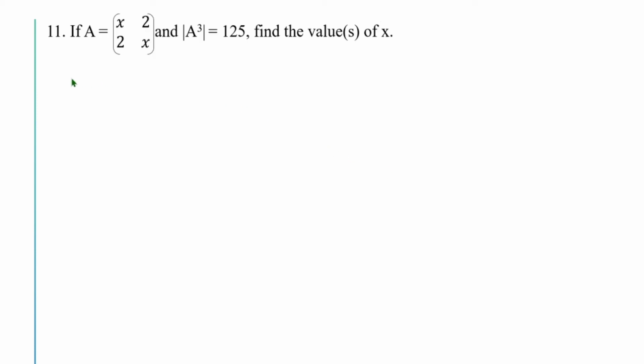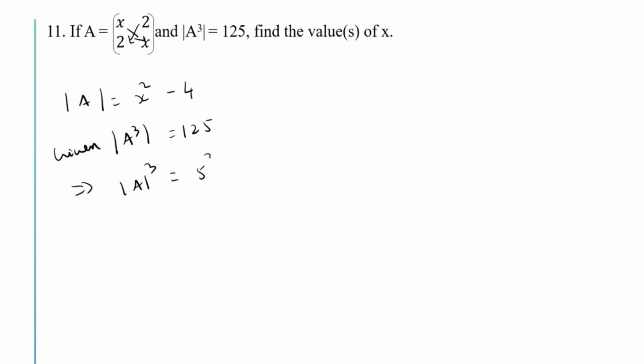The next question, if A is equal to the matrix x, 2, 2, x and determinant of A cube is equal to 125, find the value or values of x. So first, let us find the determinant of A. Determinant of A, we have to multiply these two minus the product of these two. So it is x squared minus 4. So it is given determinant of A cube is equal to 125, which means determinant of A the whole cube is 5 cube.